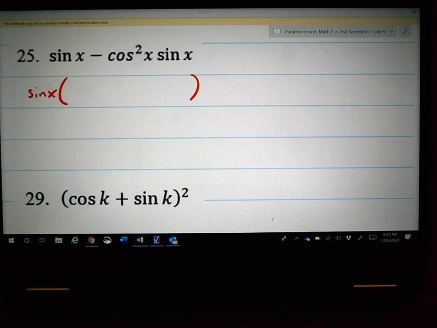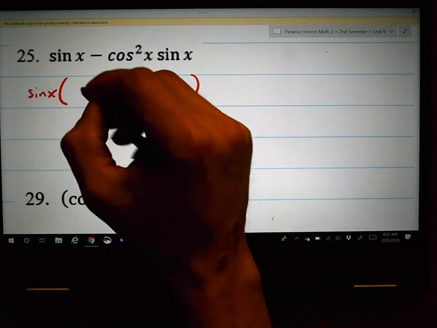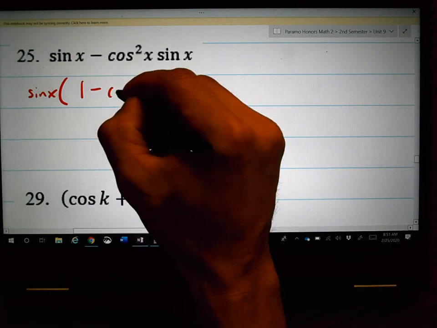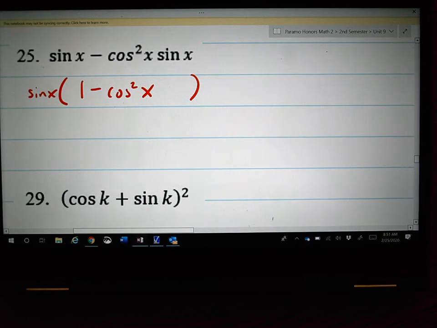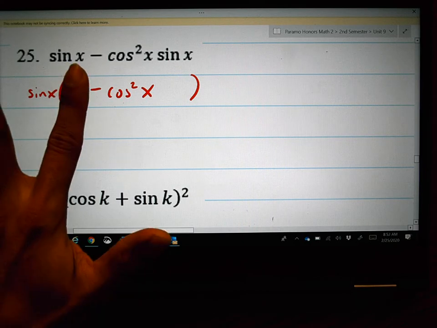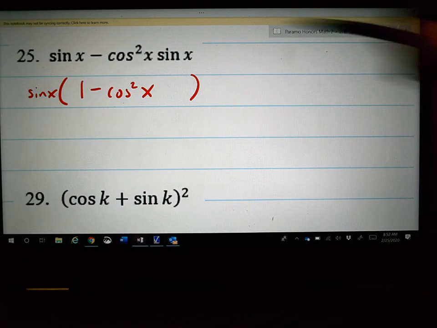Let's go through it. Here we go. What's in the parentheses? Let's see. This is what it should be. First and foremost, let me make sure that you understand GCF factoring, because some people only put a negative cosine squared, okay? So let's just talk about why that's wrong. There's 1, 2 terms here.